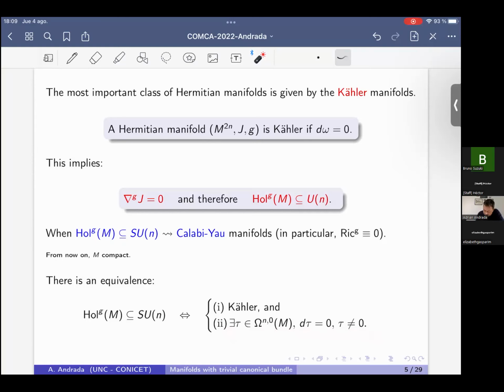There exists a form tau, which is of type (n,0), which is closed, and this is the same as holomorphic because it's a top form, and is nowhere vanishing.